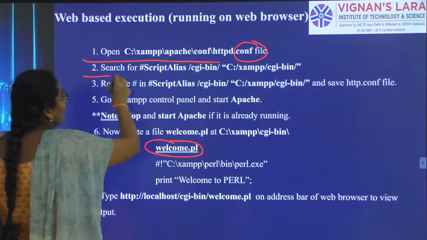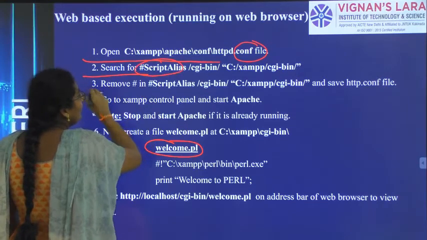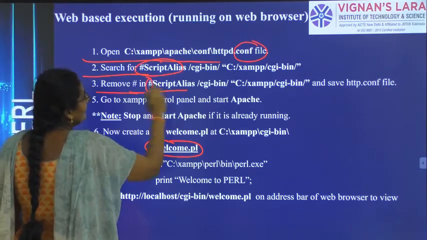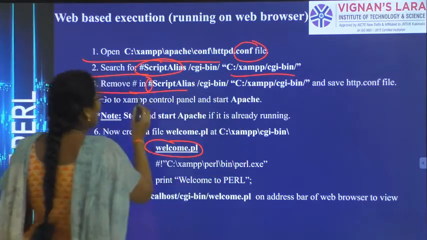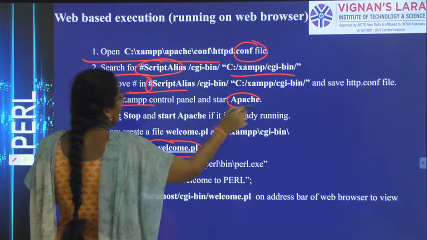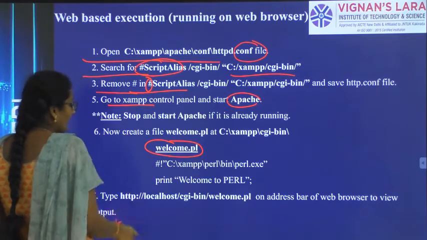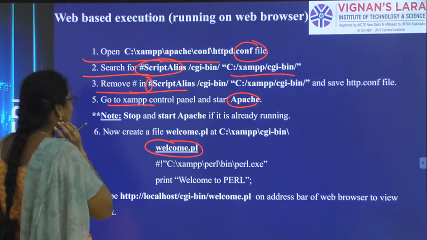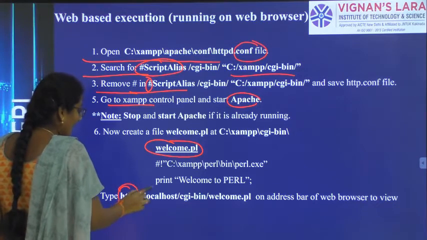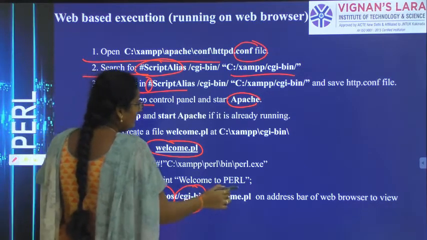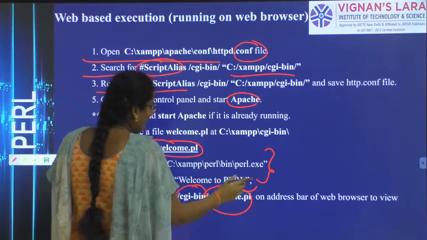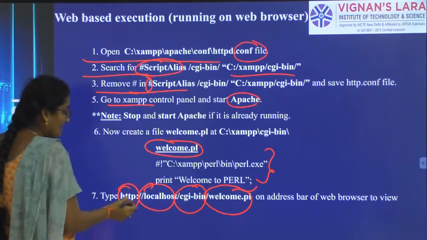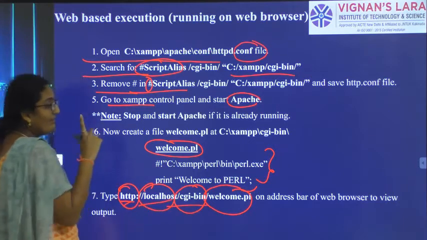There you have to search for ScriptAlias and remove the hash symbol, then save the config file. Then you have to start Apache and Tomcat. Then you can view the output in the web browser by typing http localhost cgi-bin and your file name. This is the file welcome.py you created. Before your file name, you should have http localhost cgi-bin in the web browser.